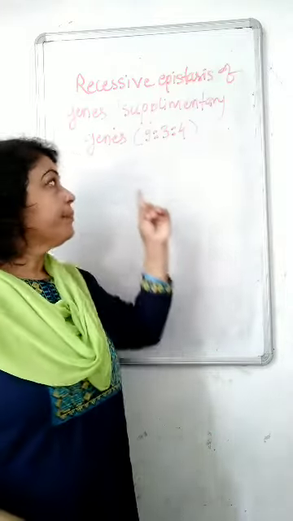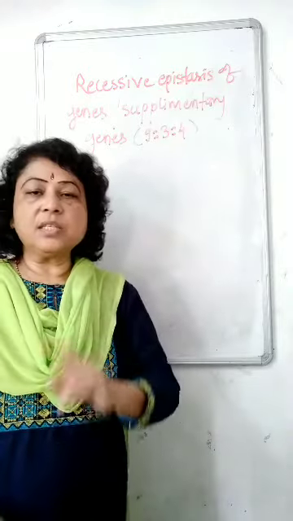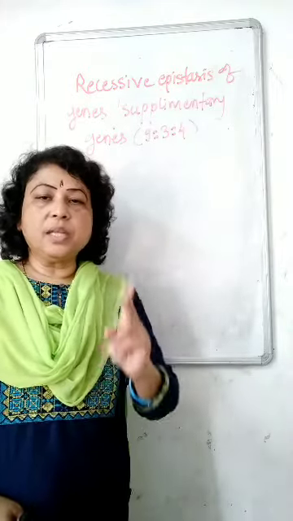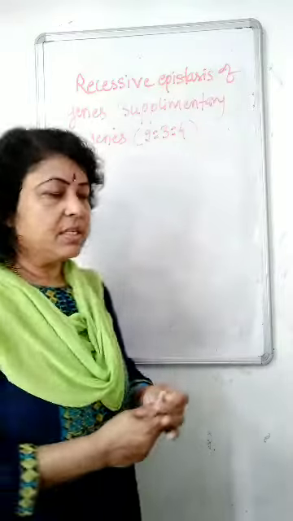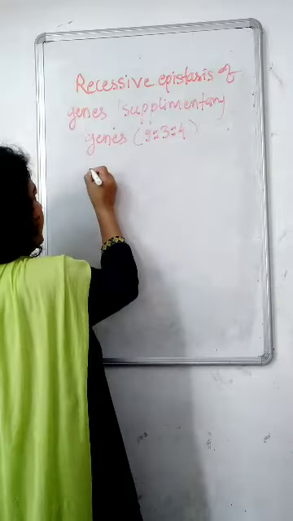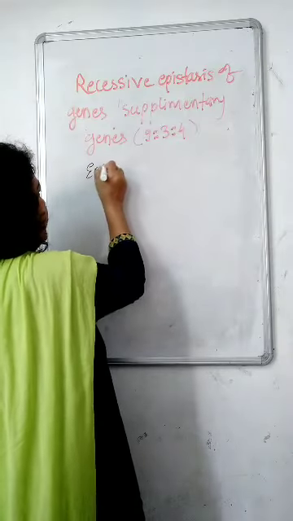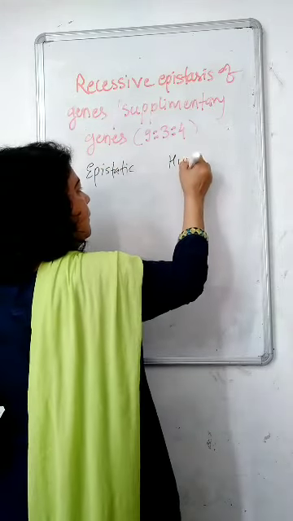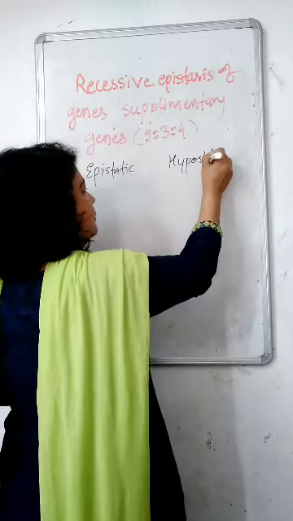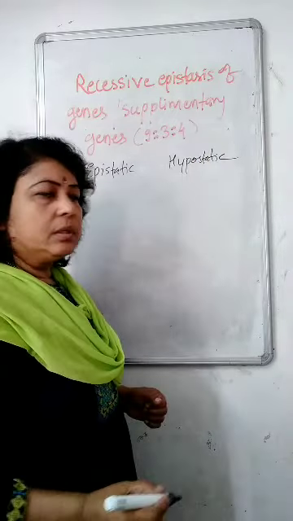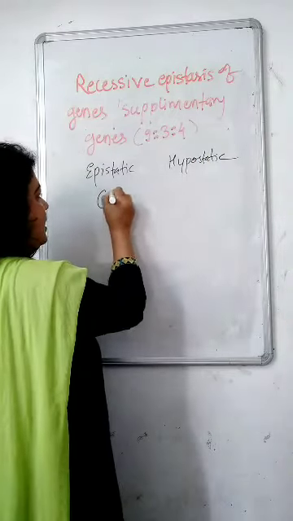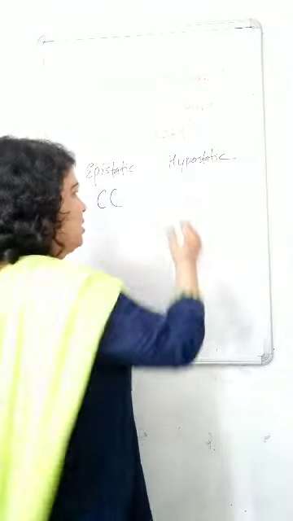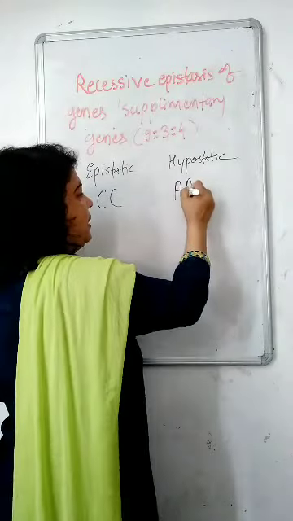But recessive epistasis means, suppose there are two genes, one epistatic and another hypostatic. So the epistatic gene is capital C, and the hypostatic gene is capital A.